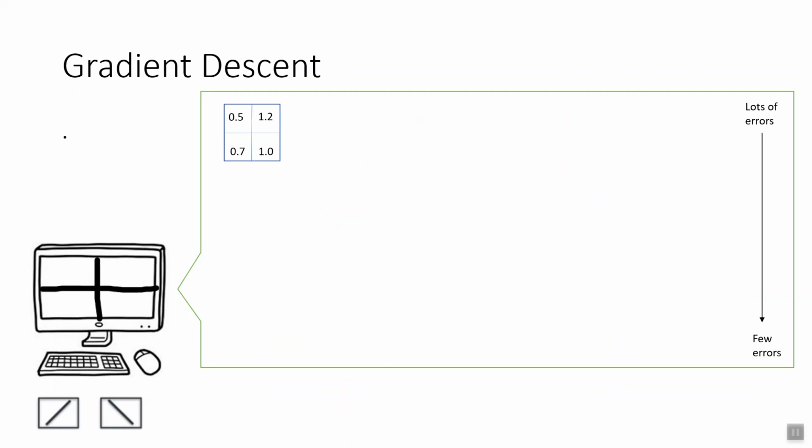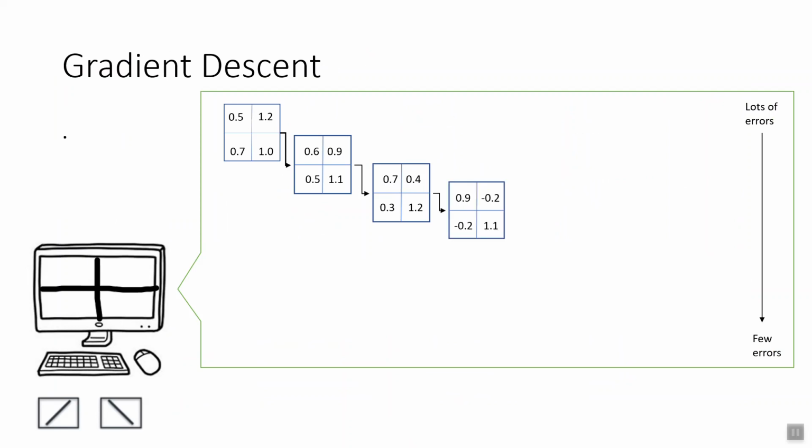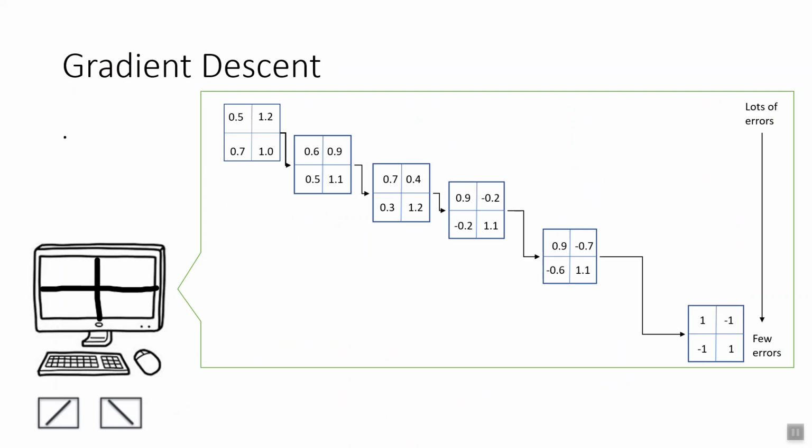We take our numbers and change them slightly, and we try to see in what direction we can make changes so that something gives a much smaller error, and then we do it again and again. We kind of follow this path many times until we get an output with few errors.